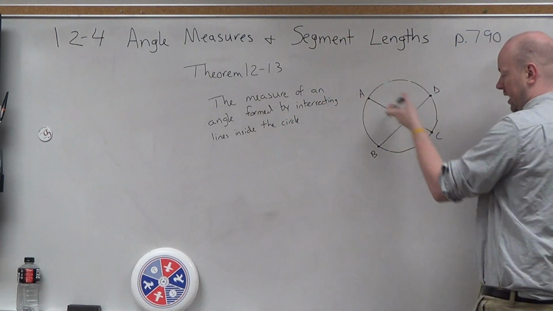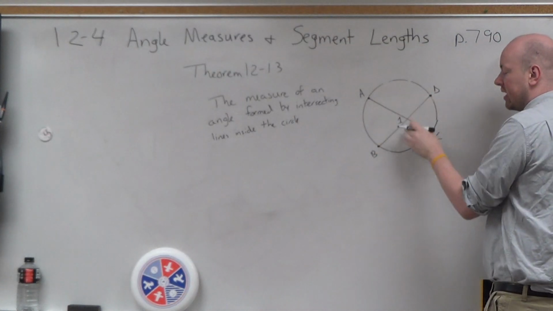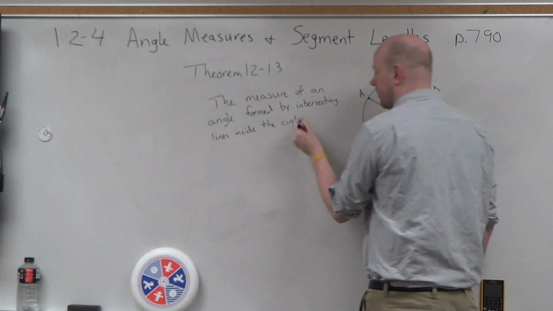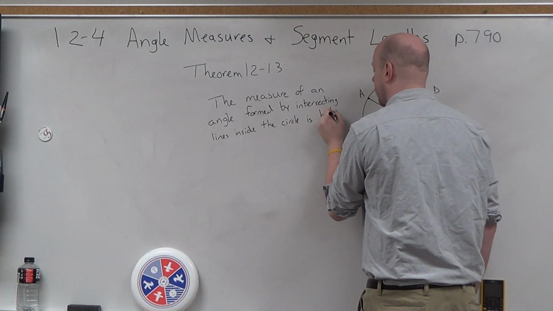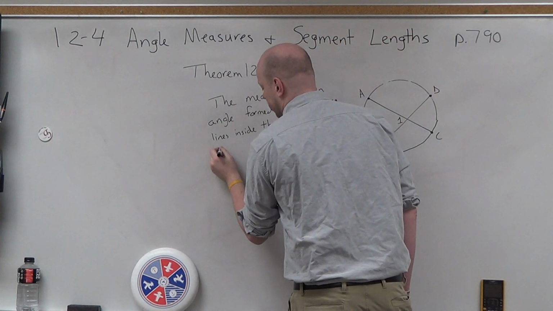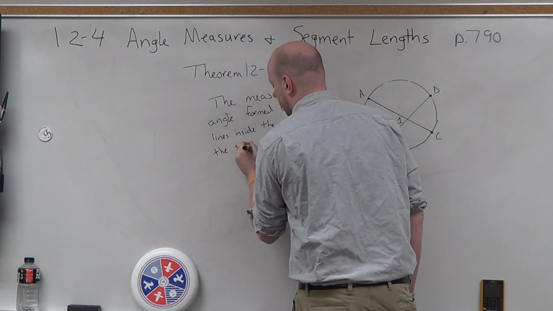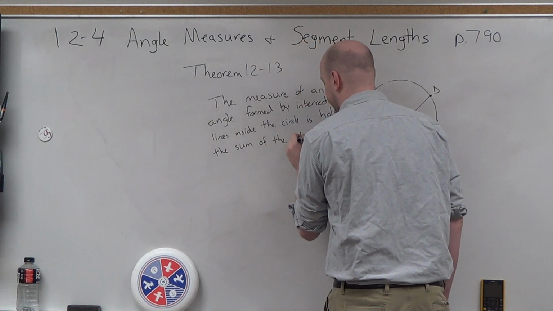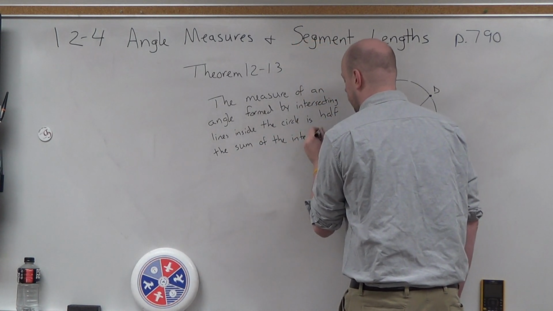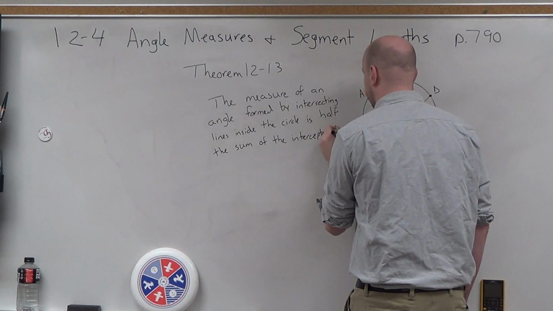So I have intersecting lines AC and BD inside the circle is half the sum of the intercepted arcs.